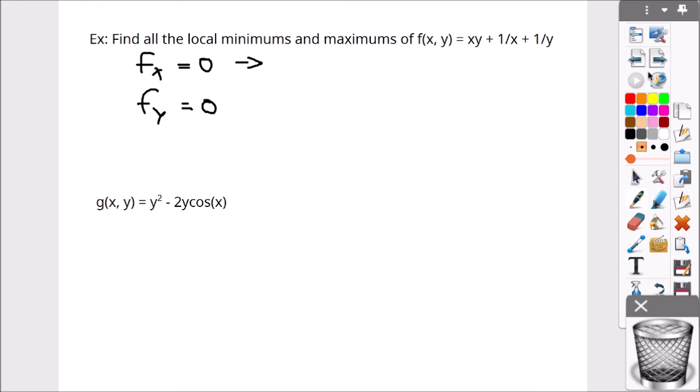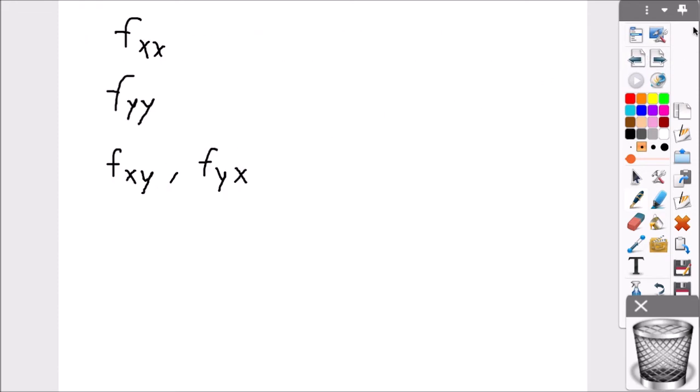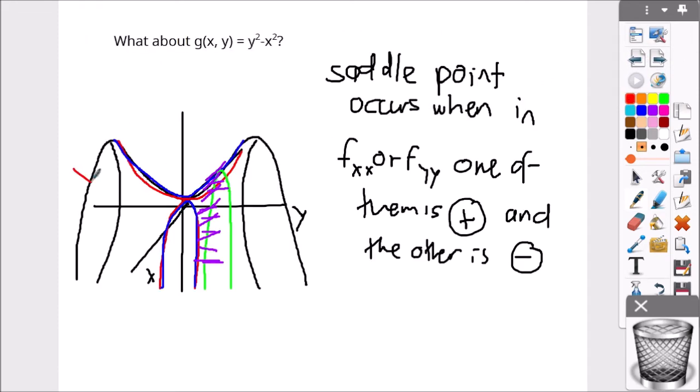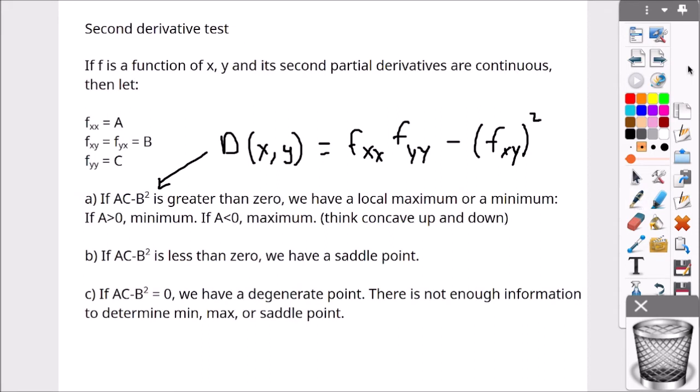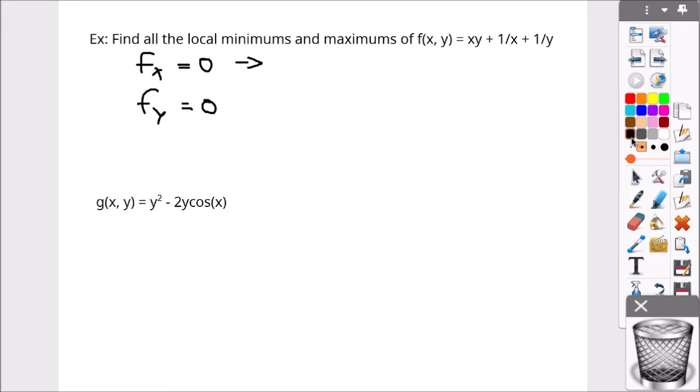Because even notice in this problem, the tangent plane to this point is still flat. Now it's kind of below the graph on the y-axis and above the graph on the x-axis, but it's still a flat plane, and that's what makes this work. If it wasn't flat, it wouldn't work.